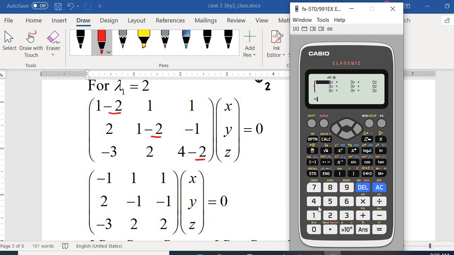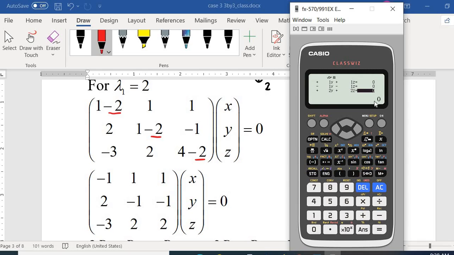Start from negative 1, 1, 1. The right hand side 0 stands for the 0 vector. Second row: 2, negative 1, negative 1, 0. Third row: negative 3, 2, 2, 0.